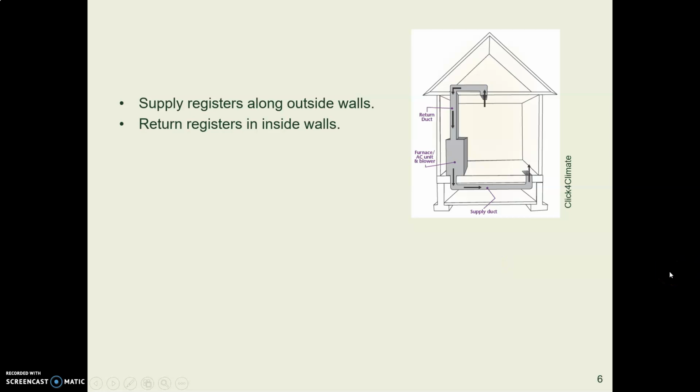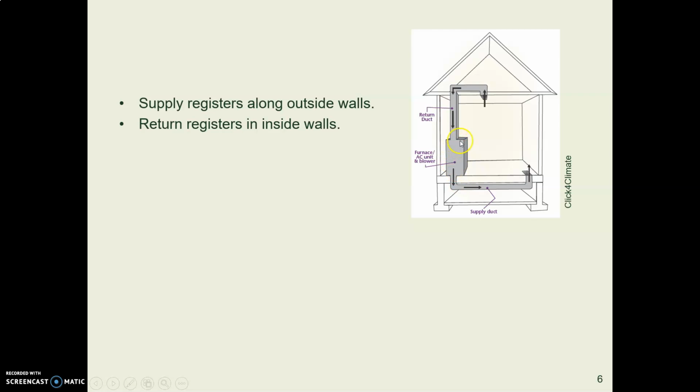In our climate here, where we have both heating and cooling, we put supply registers that blow the new air into the room. We put the supply registers along the outside of the walls, and we put the return registers towards the inside. We don't want to be pulling in return air from the freezing cold outside if we're trying to heat our house. That doesn't make sense.